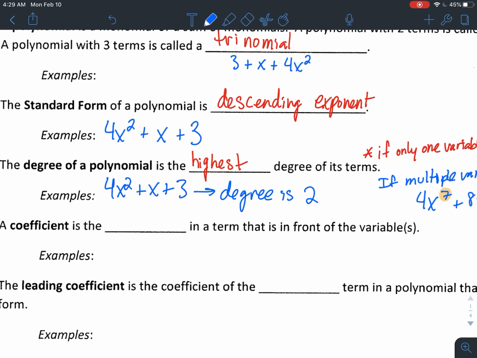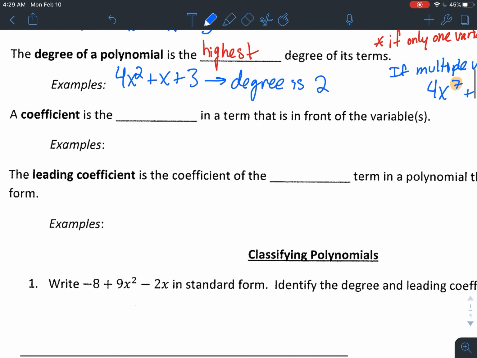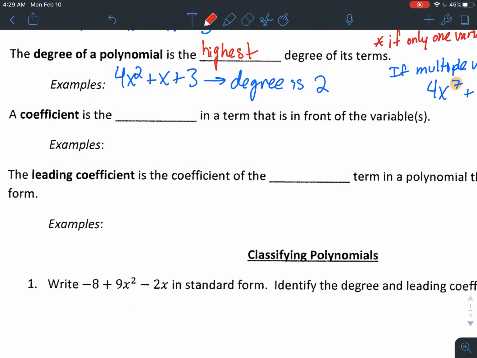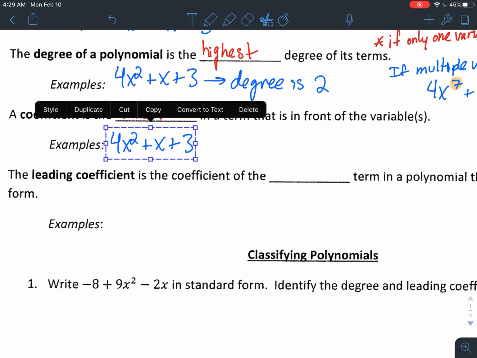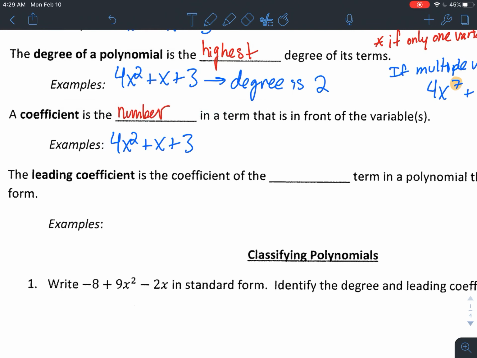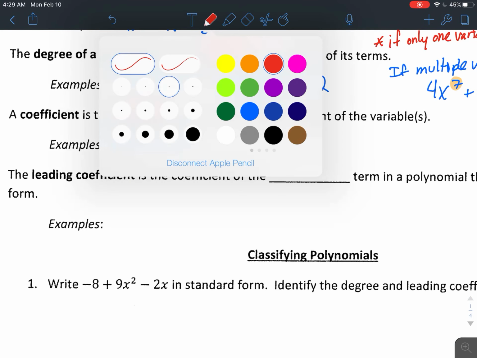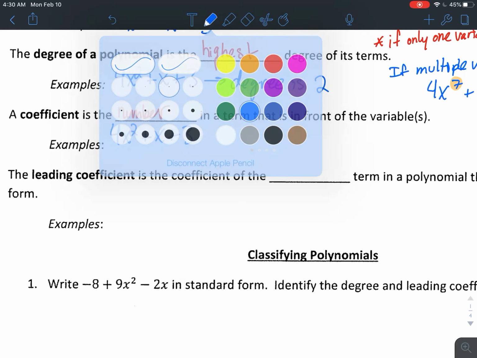Okay, so other things to remind ourselves of, a coefficient we should know is the number in a term that is in front of the variable. So again, that multiplier. So if we look again, I'm just going to keep reusing this one. In this one, I have two coefficients, one that's obvious, one that's not so much.